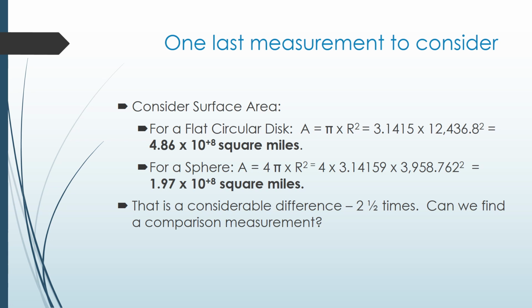So now for a sphere, we know that the surface area is equal to 4 pi r squared, which is equal to 4 times 3.1415 times 3958.762 squared. That is equal to 1.97 times 10 to the 8 square miles, which is also 197 million square miles.